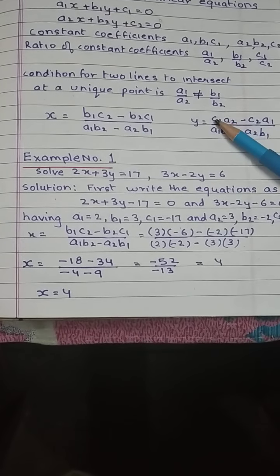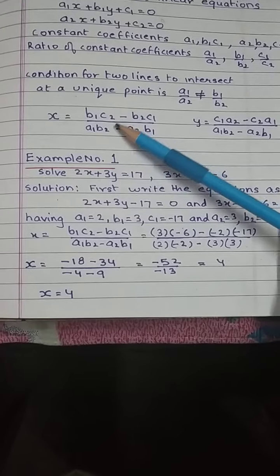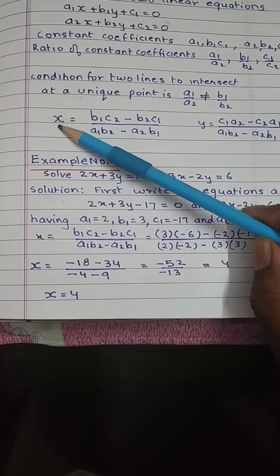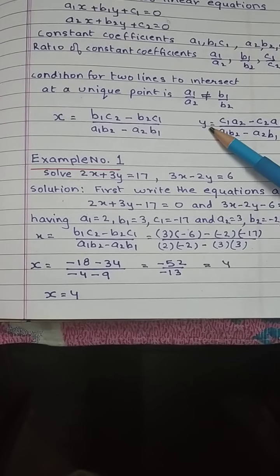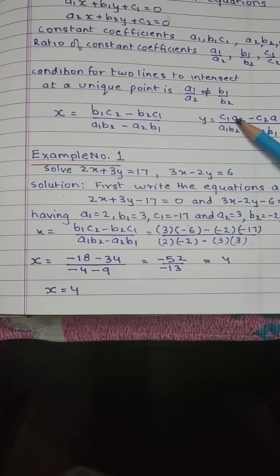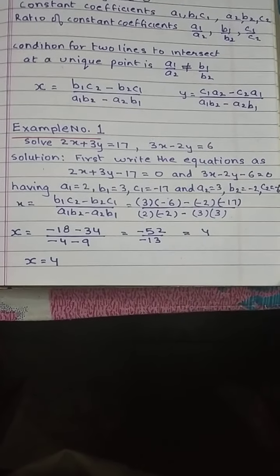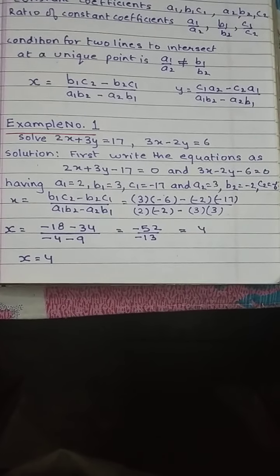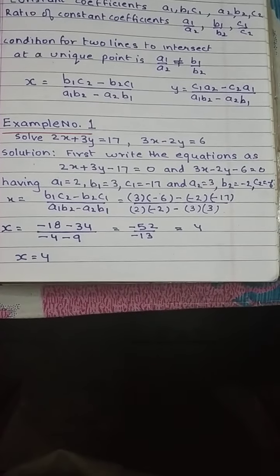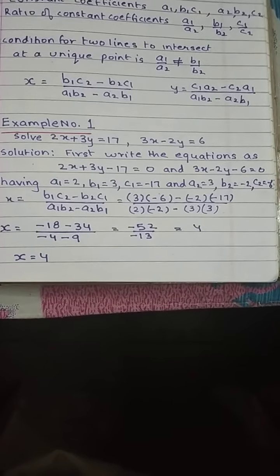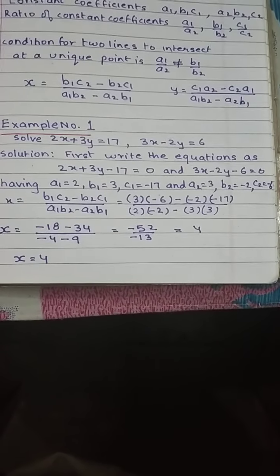In case of y, it is CA upon AB. The denominators are the same. In this way, you can learn this formula, and there is no need of applying any arrow method or any other method for cross multiplication. Straight away use the formula and get the result.